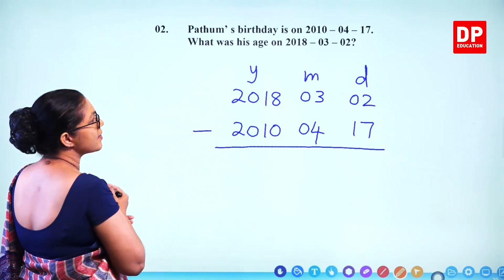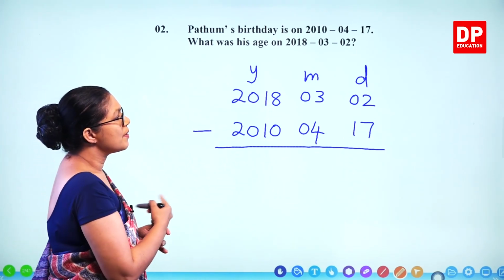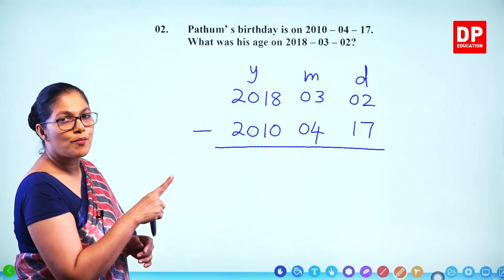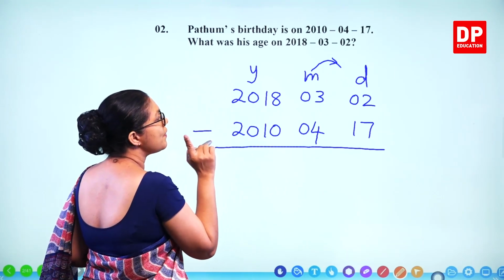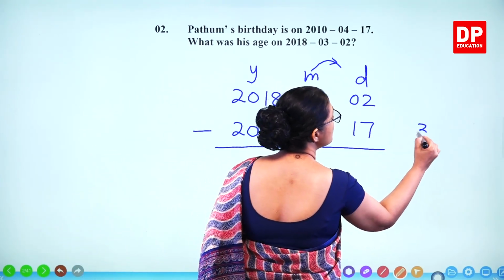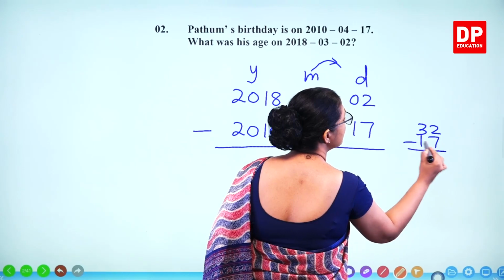You have to subtract. Can you subtract 17 from 2? You can't. You have to take 1 month. When you take 1 month, normally it's 30. 30 plus 2, 32 minus 17.